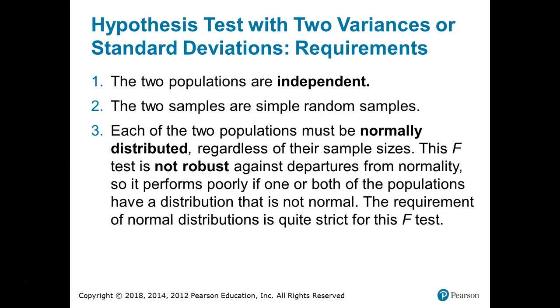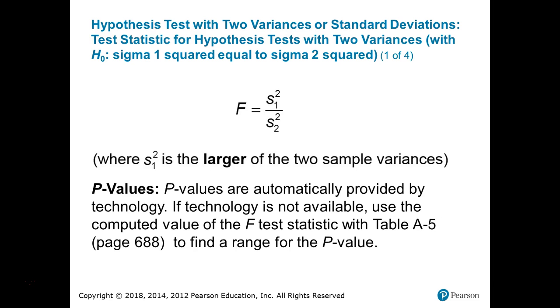The requirements are that they are independent, that it's good data, simple and random, and that the populations for both are normally distributed. So your test statistic for the F distribution is F equals S1 squared divided by S2 squared.